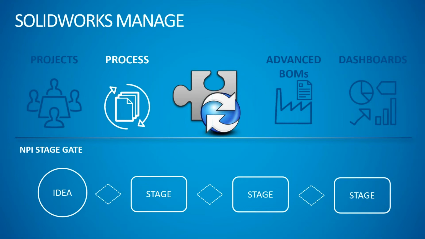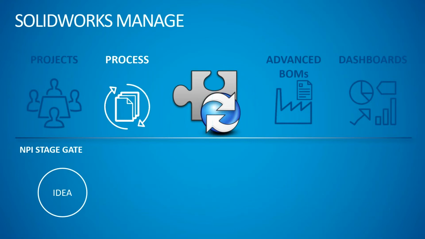So at each stage, there's a go or no go that allows a product to continue on along that path towards going into production. And as we all know, sometimes we don't even make it past the ideation stage of a new product introduction.